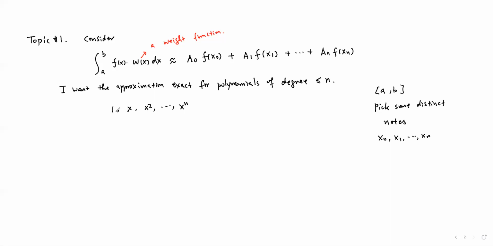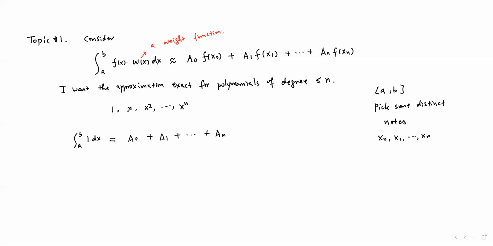Let me plug these polynomials into this formula. Plugging 1 in f, we get the integral of 1 equals A0 plus A1 plus ... plus An.